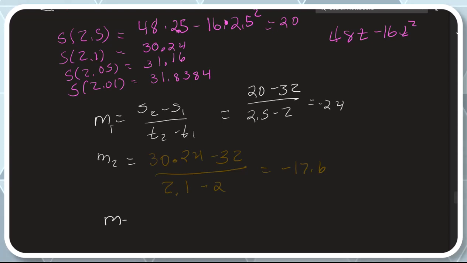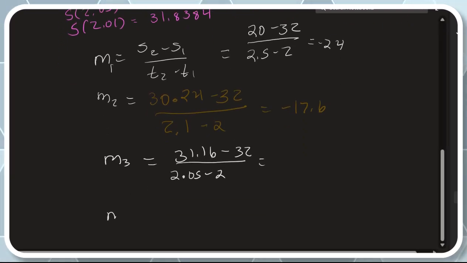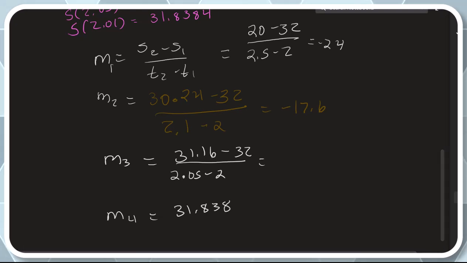And then for the third one, we would have 31.16 minus 32 over 2.05 minus 2. And for the last one, we would have 31.8384 minus 32 over 2.01 minus 2.